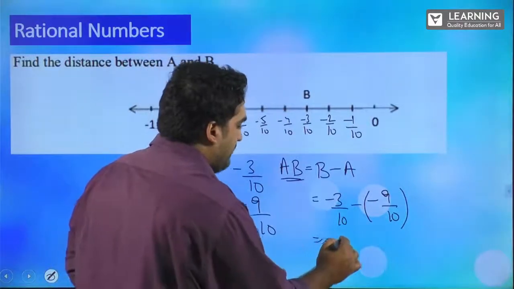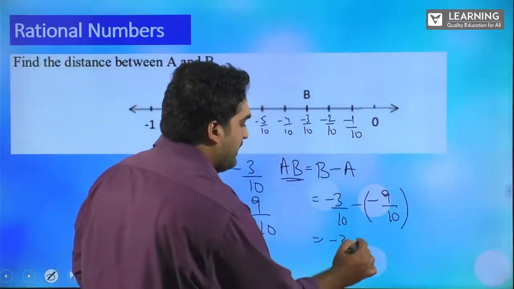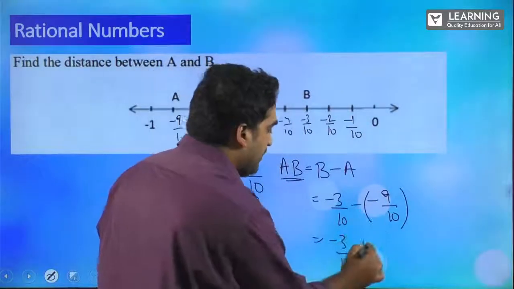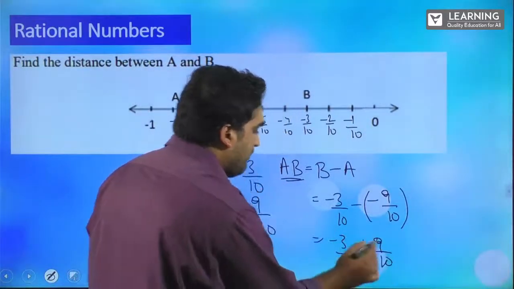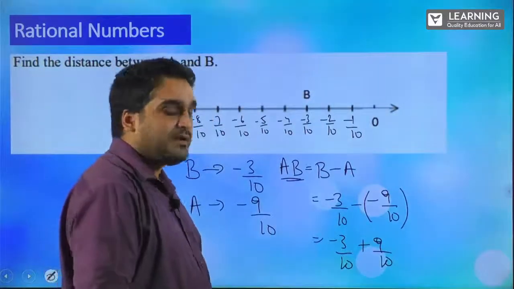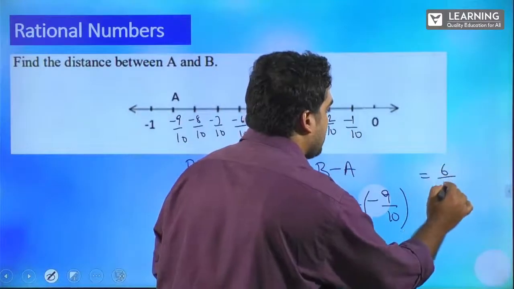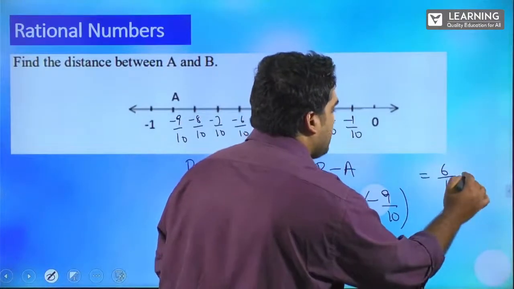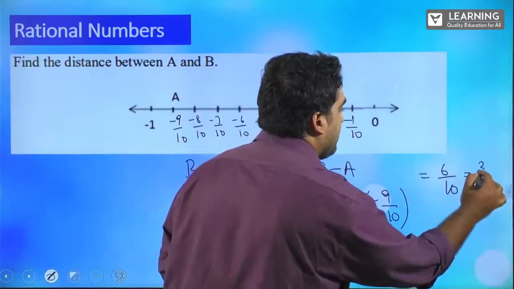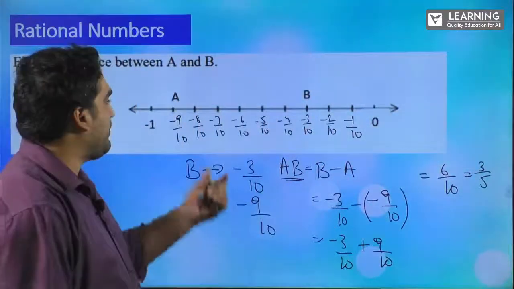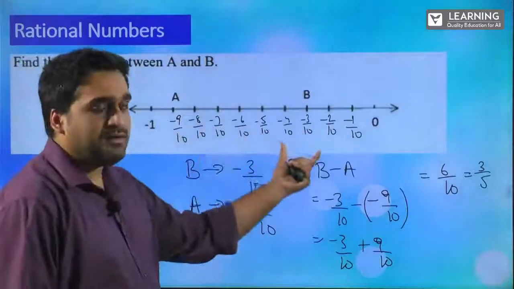Minus of minus is plus, as you noticed in the sign multiplication. So -3 plus 9 is 6. Denominator is the same, so 6 by 10, which is also equivalent to 3 by 5. So that is the distance between the two, A and B.